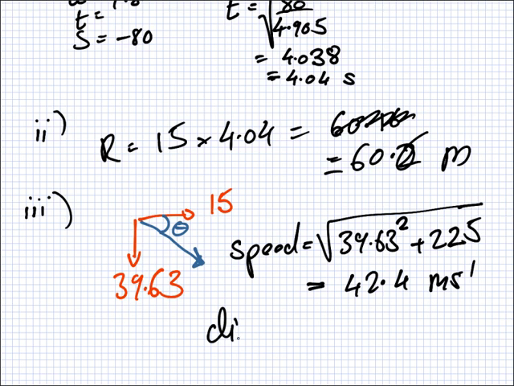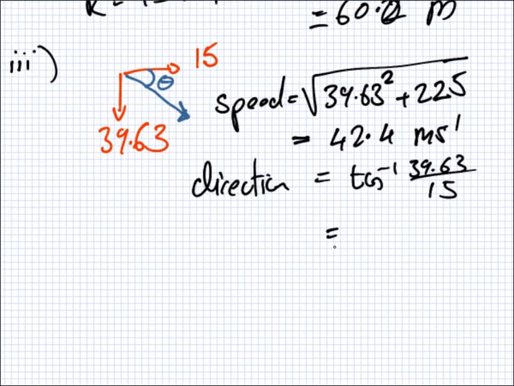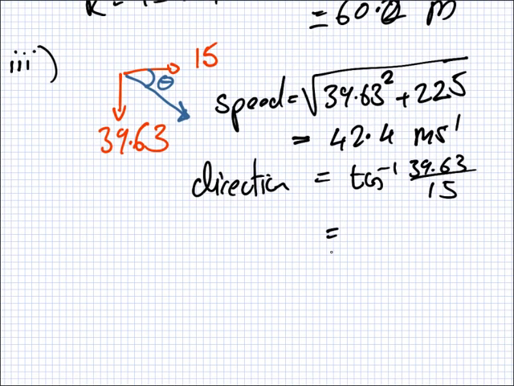And the direction is tan inverse of 39.63 over 15. That's 69.3.